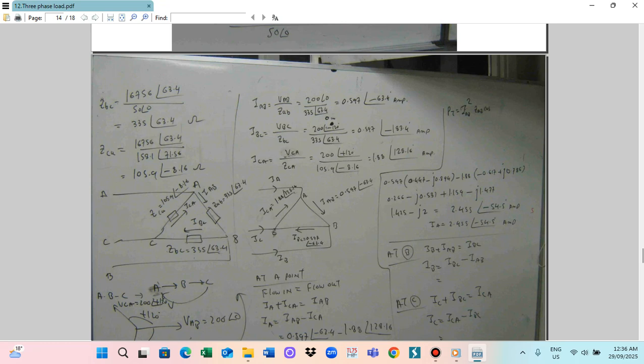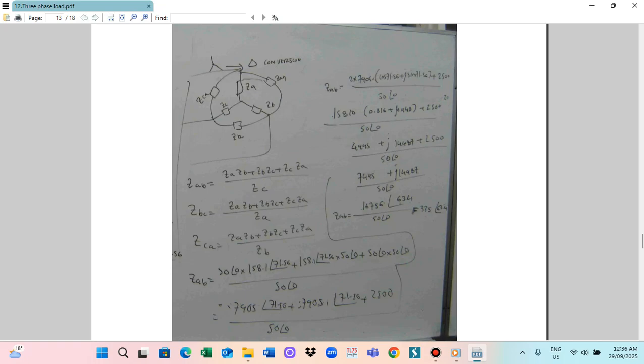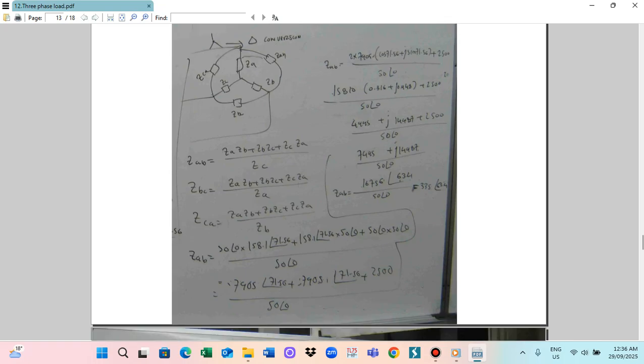And also ZC. ZC is 50 angle 0. So those values you can substitute, then you can calculate the ZAB. So ZAB is ZA, 50 angle 0, multiplied by ZB, 158.1 angle 71.56, plus ZB, 158.1 angle 71.56, multiplied by ZC, 50 angle 0, plus ZC times ZA, 50 angle 0 into 50 angle 0, divided by ZC, which is 50 angle 0.